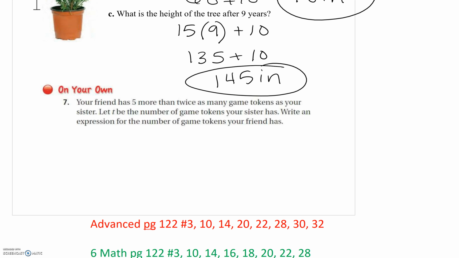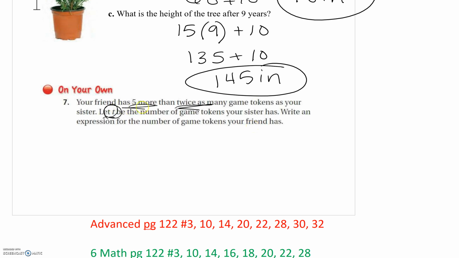Okay, so I'm going to read through this. Your friend has 5 more than twice as many game tokens as your sister. Let T represent the number of game tokens your sister has. Write an expression for the number of game tokens your friend has.